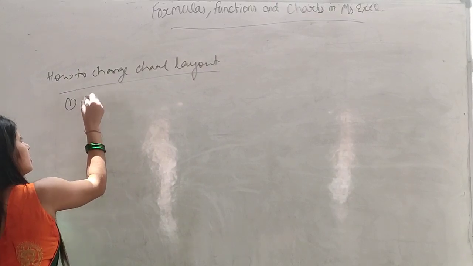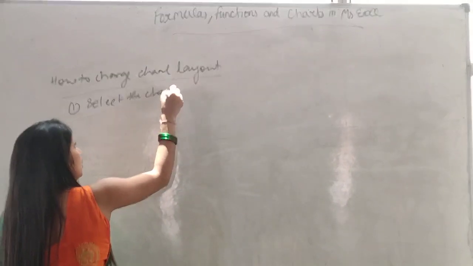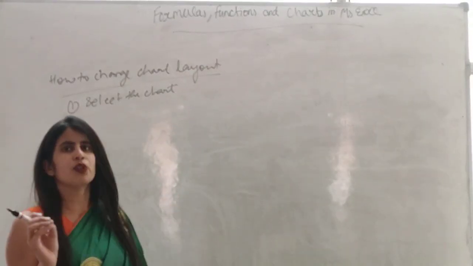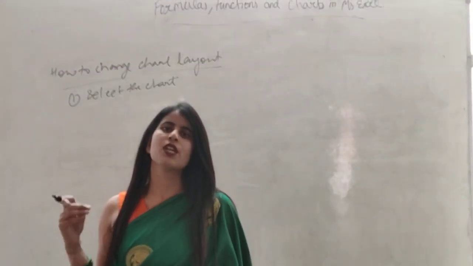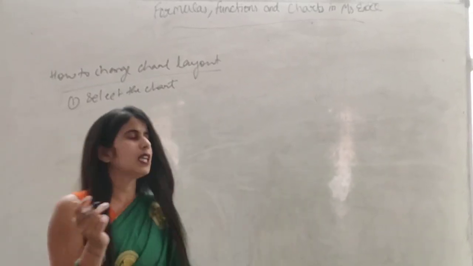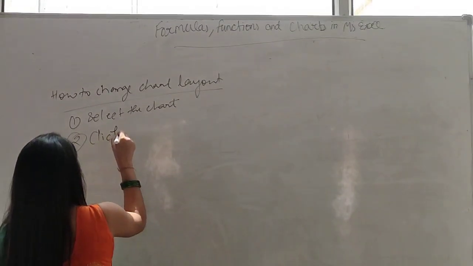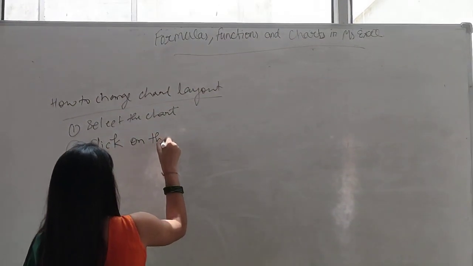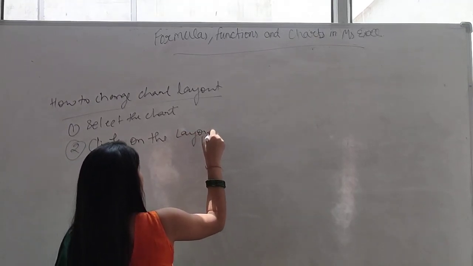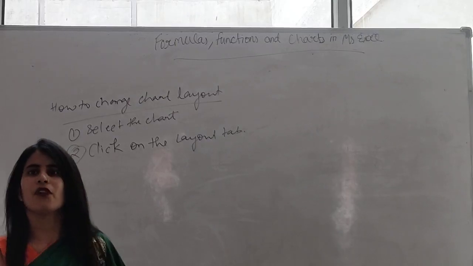So the step is, first is select the chart. The chart whose layout you want to change, at first you have to select that chart. After it you will click on the layout tab. Layout tab is present in the window of Excel.